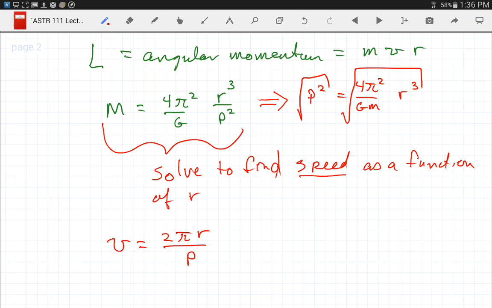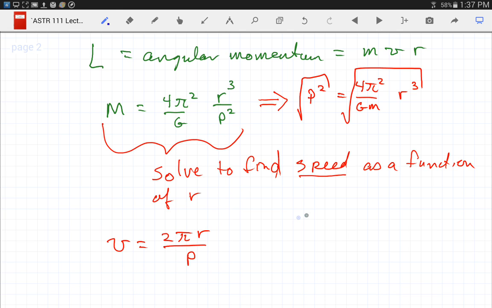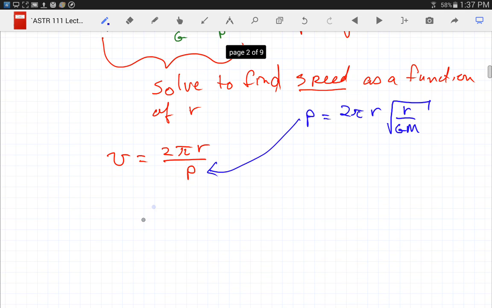So I square root everything, and that gives me P is equal to, if you square root 4 pi squared, what's the square root of 4? 2. And what's the square root of pi squared? Pi. 2 pi, square root of r cubed. You can bring out an r, but you have to leave another r inside. And G and M stay inside. So that's my equation for the period that I put in right there, so that I will eliminate everything except for r.